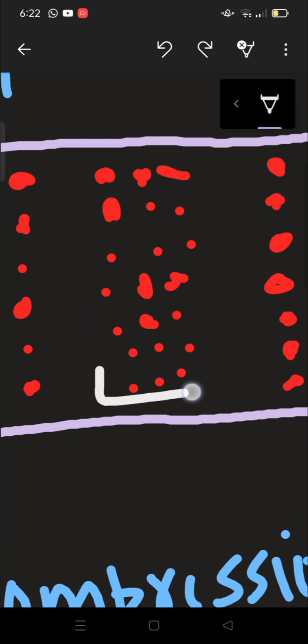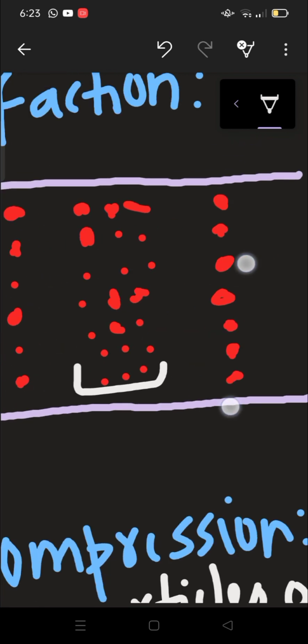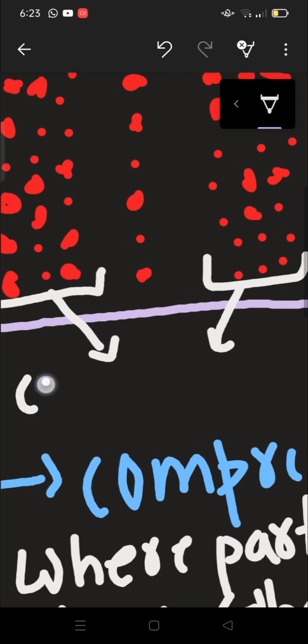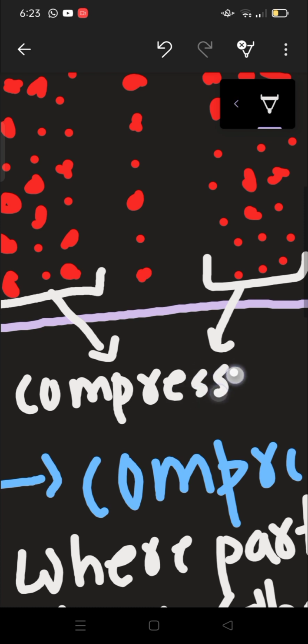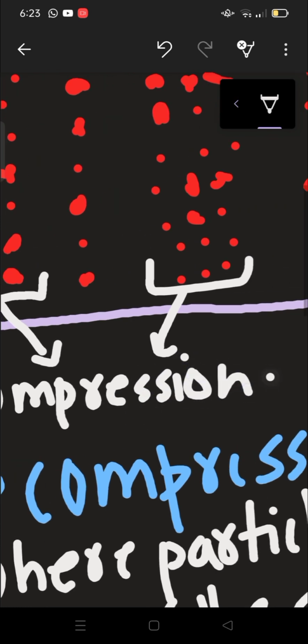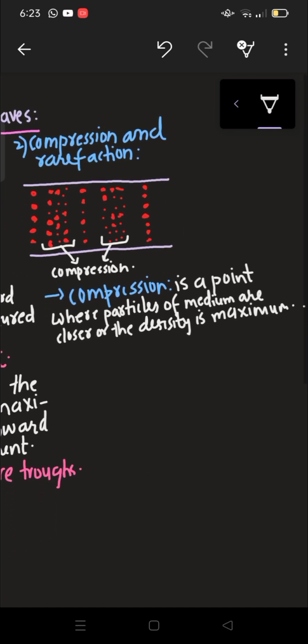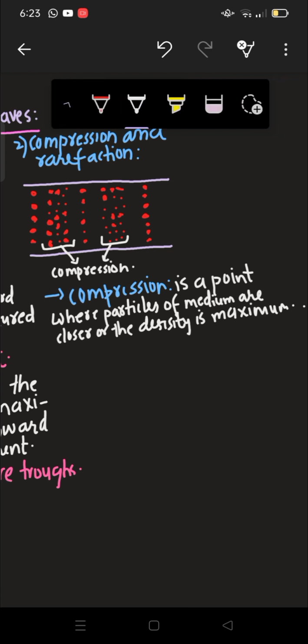Then again here we have particles that are closer as well as maximum density. So these two parts are known as compression. Compression is a point where particles of the medium are closer or the density is maximum, as I have told you using this diagram.